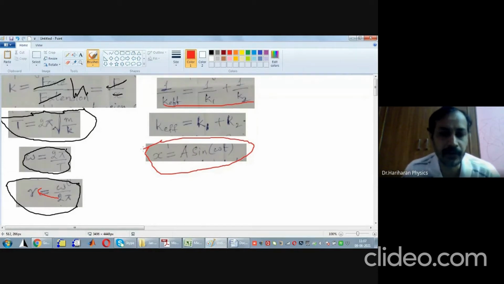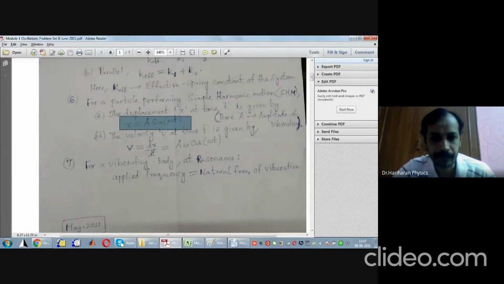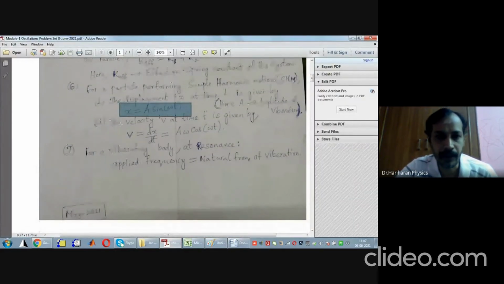Velocity will be equal to dx by dt. If you differentiate, what are you going to get? dx by dt is equal to a into d by d theta of sine theta, which is cos theta, times d by dt of omega t, which is omega. Therefore, the velocity of the particle is going to be a omega into cos of omega t.